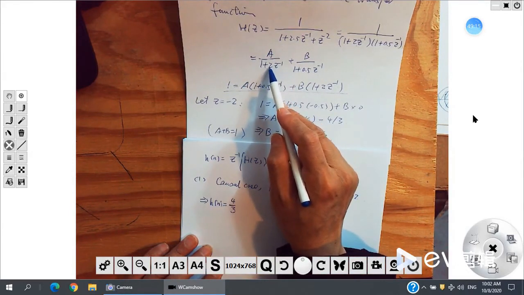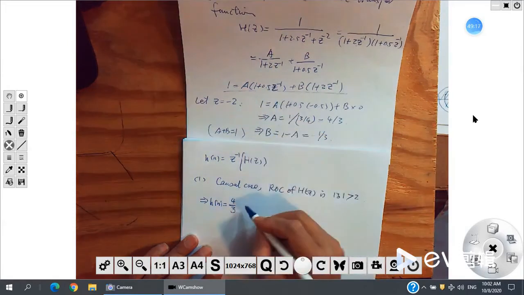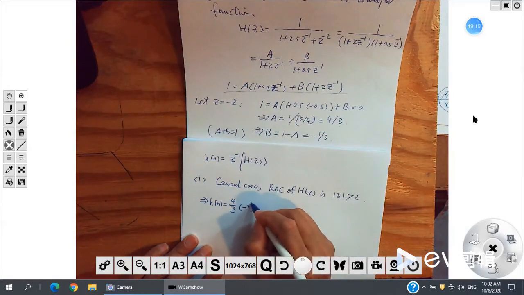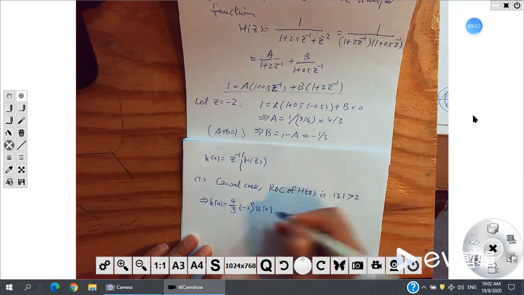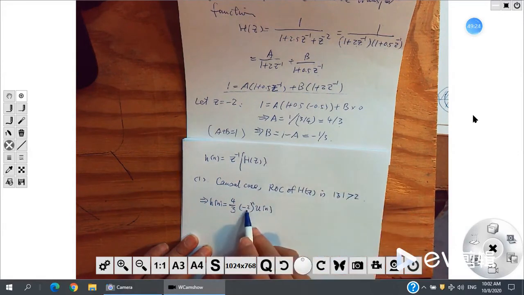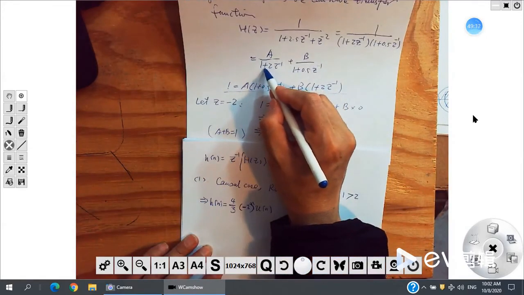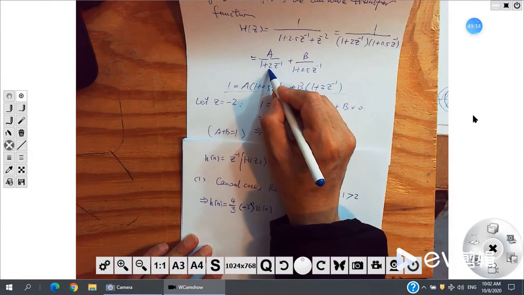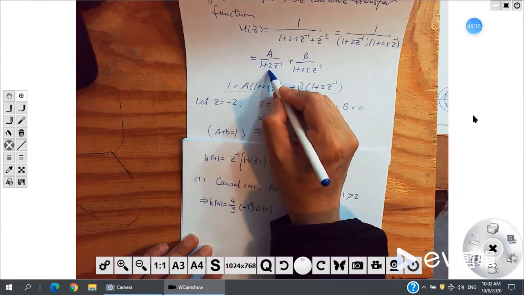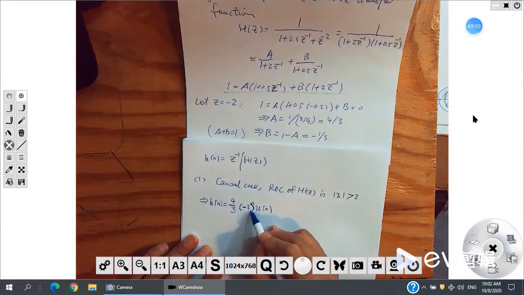When the RC is larger than this 2, we have negative 2 to the n, u of n. Here is the negative 2, the power of negative 2. You cannot move the negative outside. It's a power of negative 2, because here it is 1 minus negative 2 z inverse. So here's negative 2 to the n.